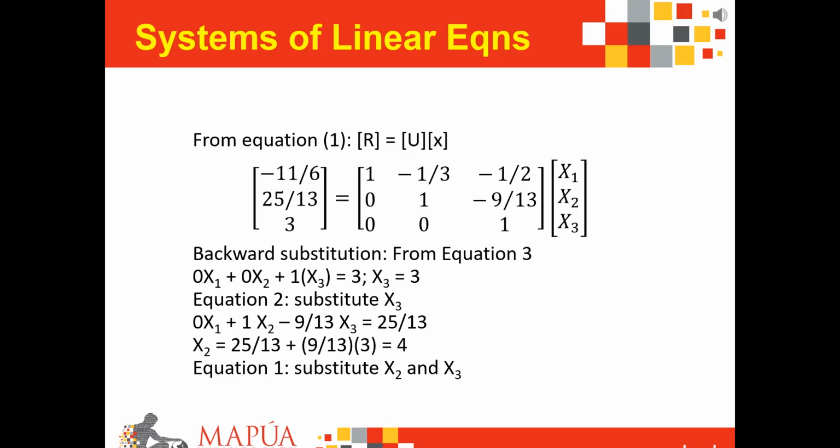We then substitute x2 and x3 on your previous equation 1, given by the form 1x1 minus 1/3 x2 minus 1/2 x3 is equal to negative 11 over 6 on your given matrix equation. Substituting x2 and x3 gives us now a value of x1 equal to 1. This ends the module.